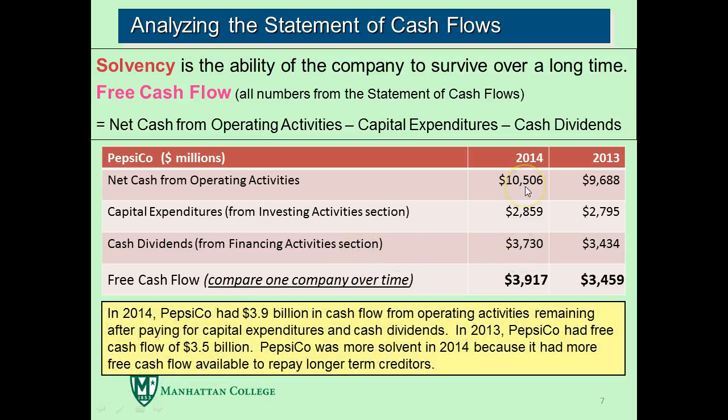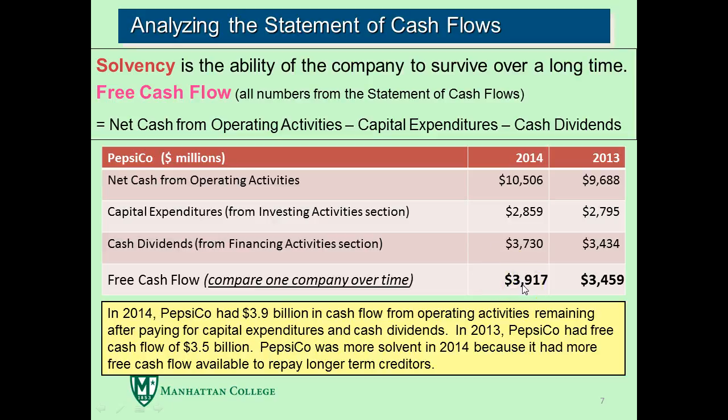So PepsiCo, even though the cash went down in 2014, did generate enough cash from operating activities if the only thing it used the cash for was to buy property, plant, and equipment and to pay dividends. PepsiCo, of course, used a lot more cash to buy back shares. With this number, it's not a ratio, it's a dollar amount, so you can only compare one company to itself over time.